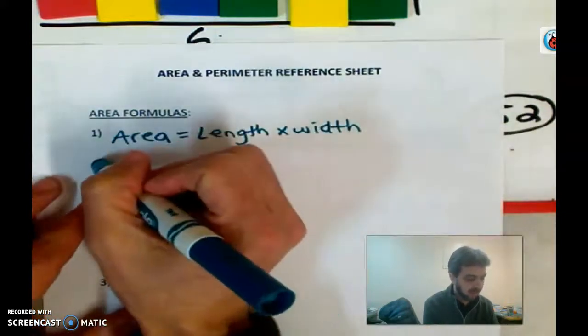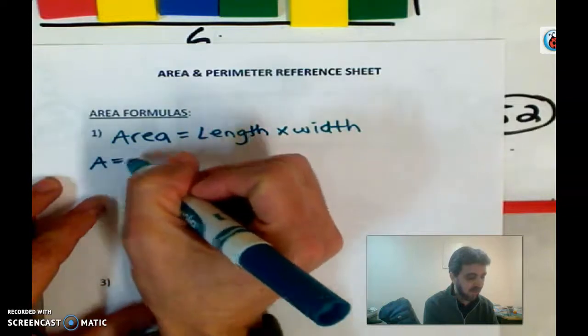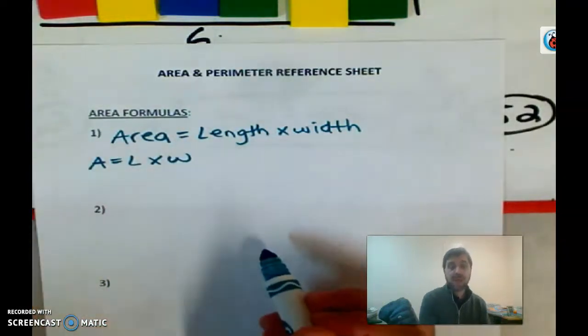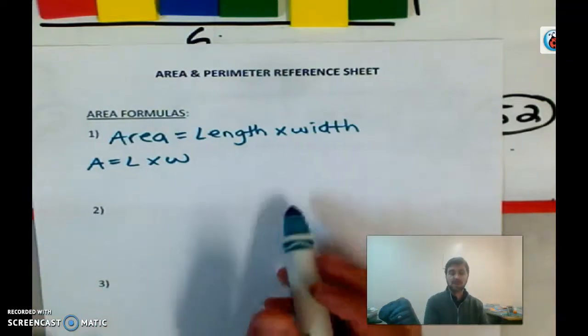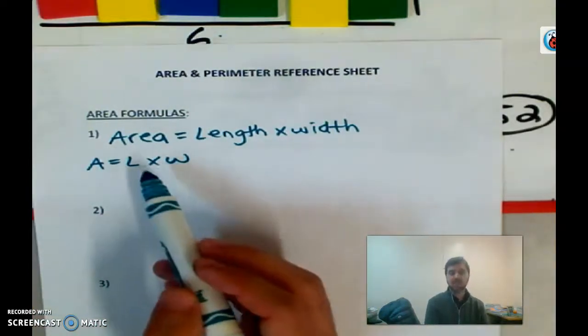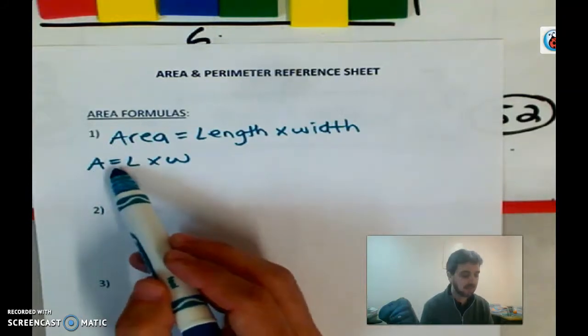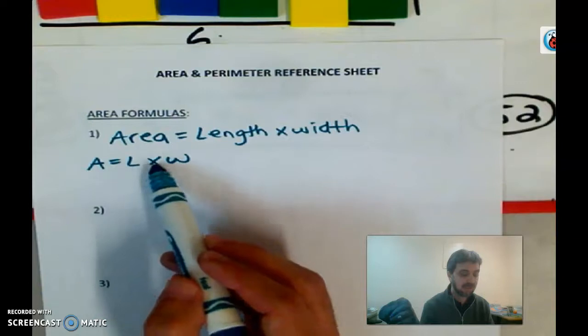Write this down, and then I also want you to write down A equals L times W. A formula in math is something that always works, and oftentimes we use letters to express it. So in this case, A, area, is the same as if you multiply the length times the width.